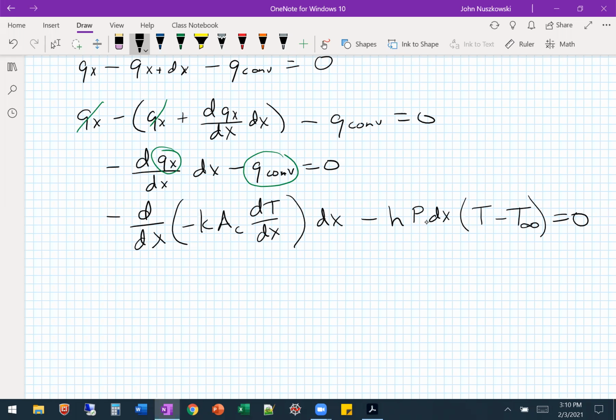Now what? Anything we can cancel? Because we have constant properties, we can bring the k and the area outside, and plus it's one dimensional. Pulling that out comes with constant properties. Pulling the area out comes with uniform cross-sectional area.